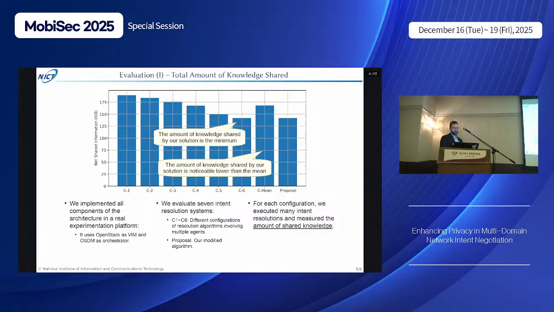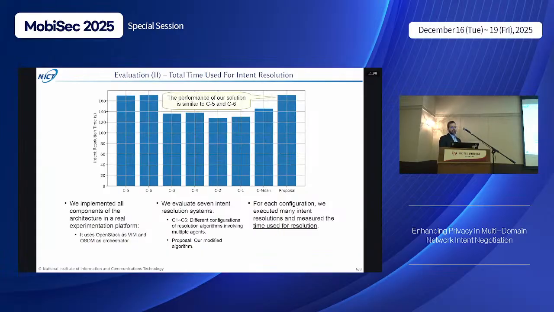So we evaluated this, and as I presented, this algorithm will ask all the agents for the potential amount of concepts that they will resolve. This can introduce some overhead, but we also validated that the total time used for resolution is feasible, because it is in line with some of the worst configurations existing in our previous version of the algorithm.